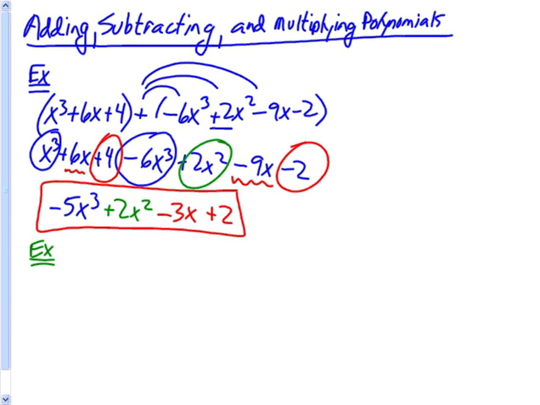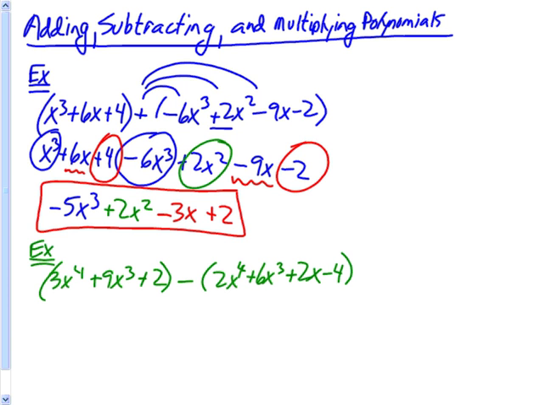Let's go ahead and subtract some now. So let's say we got 3x to the 4th plus 9x cubed plus 2. And we're going to take that polynomial. We're going to subtract 2x to the 4th plus 2x minus 4.